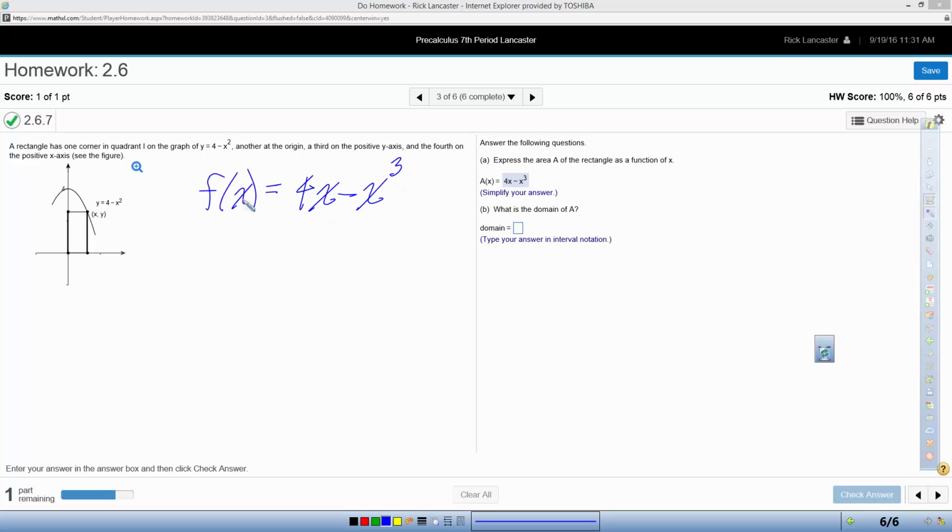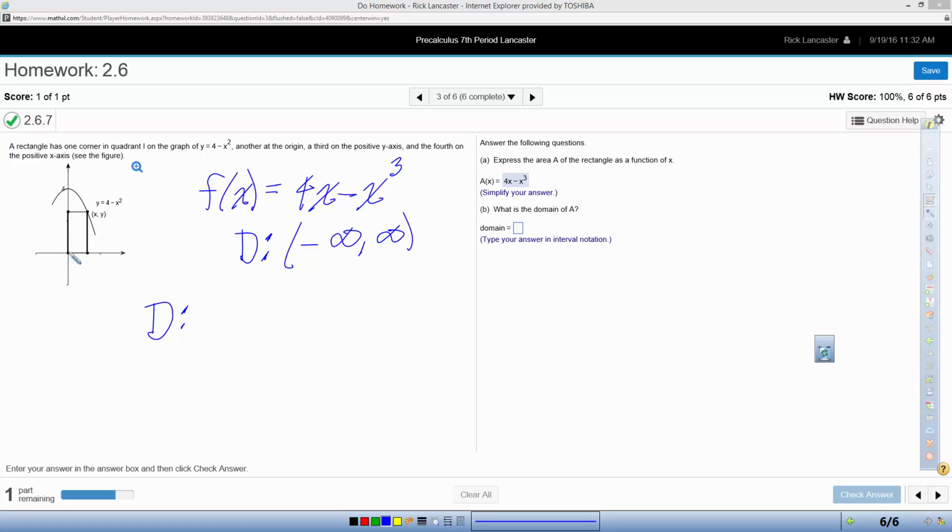So mathematically, the domain would be from negative infinity to infinity. But without specifically saying so, this book really isn't asking that. It's saying, for this situation, what is the logical domain? So I'm going to do the domain for this physical situation.